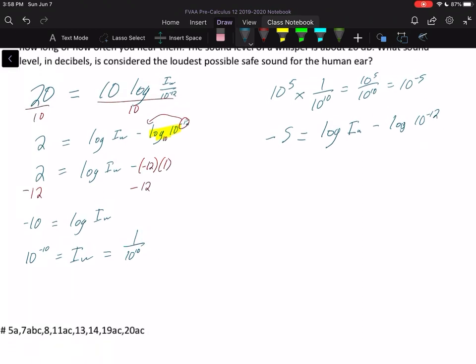Okay, and I can again work my way and plug that back into my same equation. Again, I'm going to subtract.